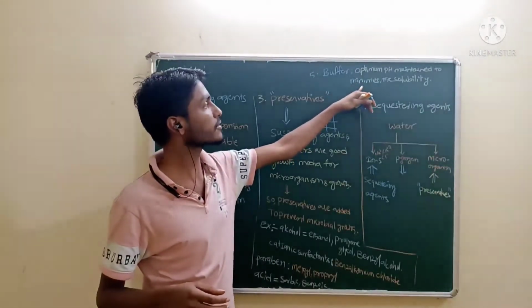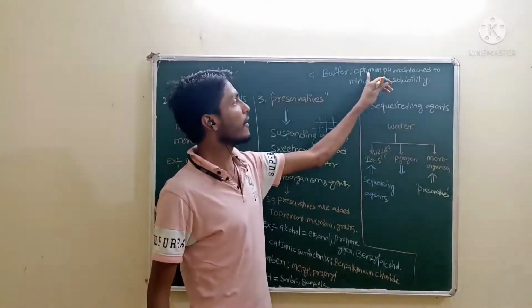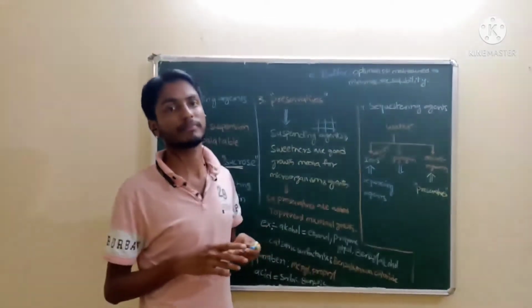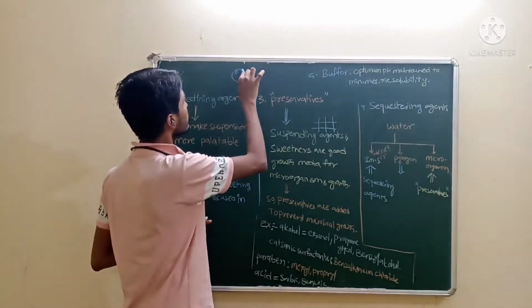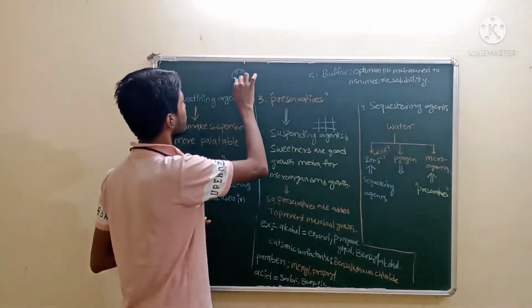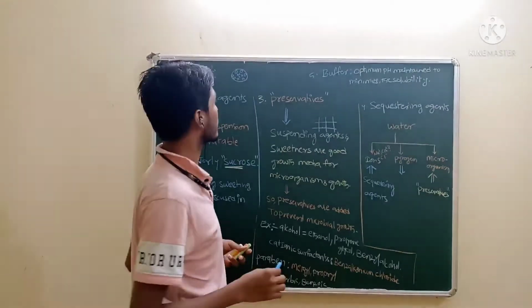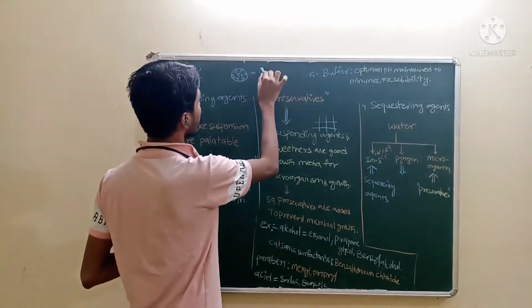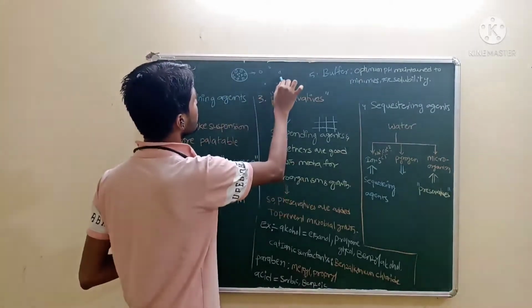But in the case of suspension, the optimum pH is maintained to minimize the solubility. Suspension is nothing but this: 1000 molecules are there in the solid particle. If the molecules are released like this into the solvent, we call it a solution.